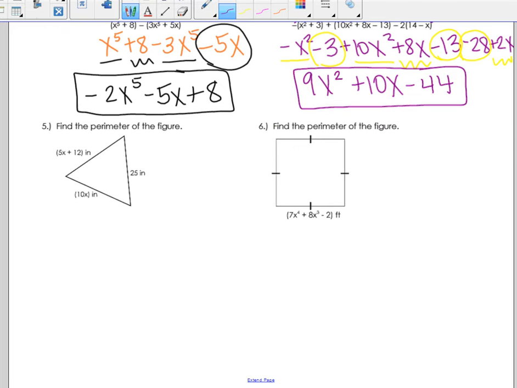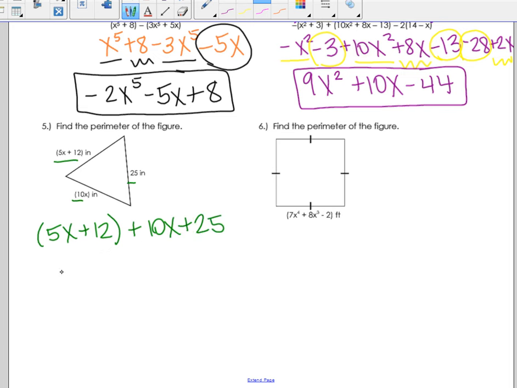Now, an application of that, the first one we're going to do is perimeter. So remember, perimeter is where you find the sum of all of your sides. So here, finding the perimeter of this triangle, we have 3 sides. So our 3 sides are 5x plus 12, 10x, and 25. So we have 5x plus 12 plus 10x plus 25.